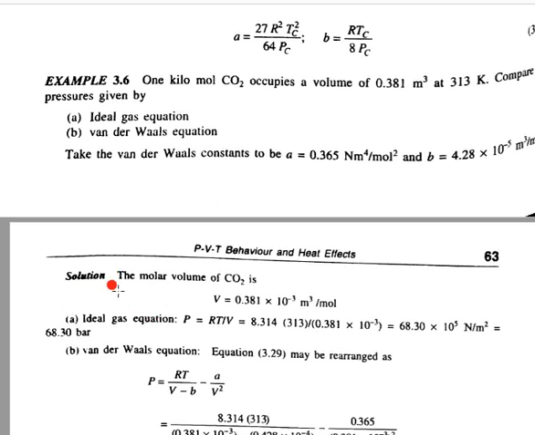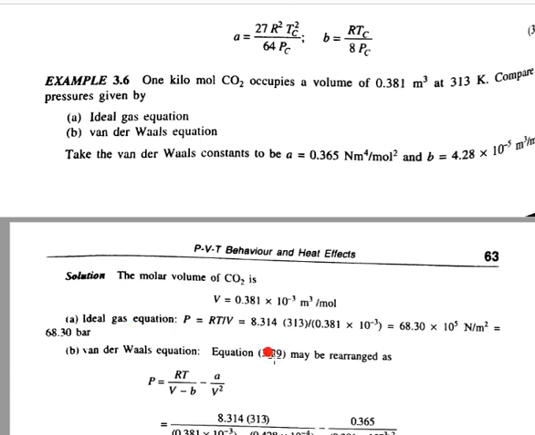First, the molar volume of CO2 is given by V is 0.381 into 10 raised to minus 3 meter cube per mole. Then from the ideal gas equation, we know that PV is equal to RT, and from it we have to find the pressure.